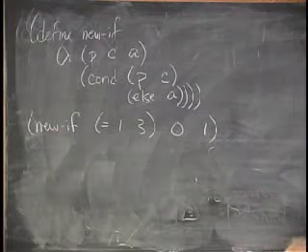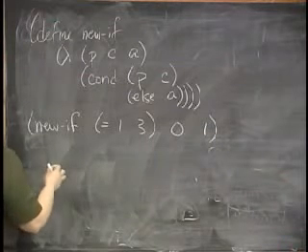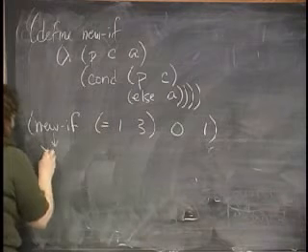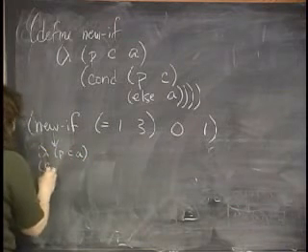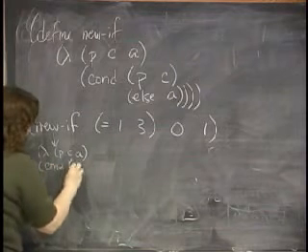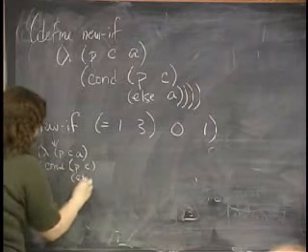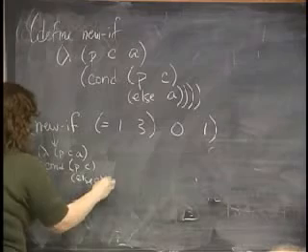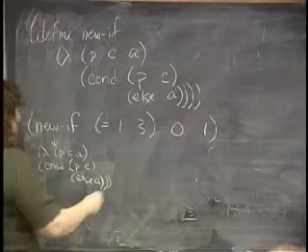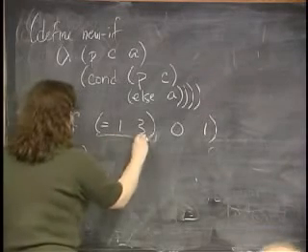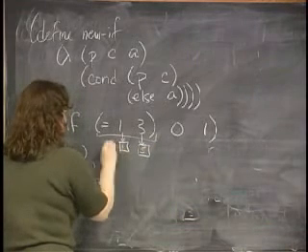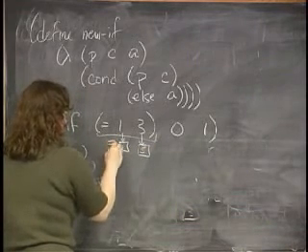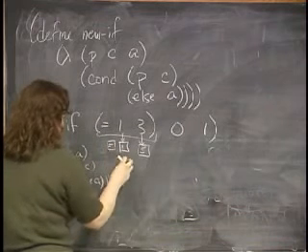Okay, what happens? Let's follow the substitution model. PC else A. Okay, evaluate this. 3, 1, and equals, which gives us false.